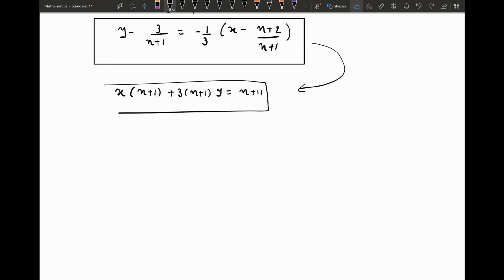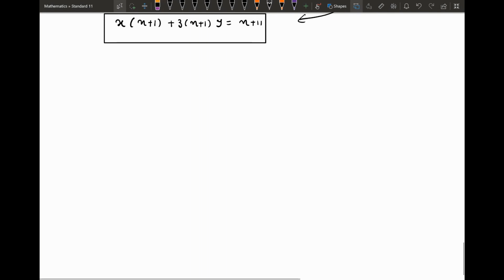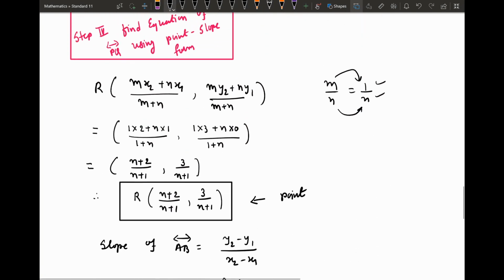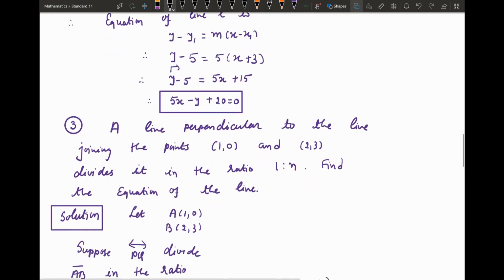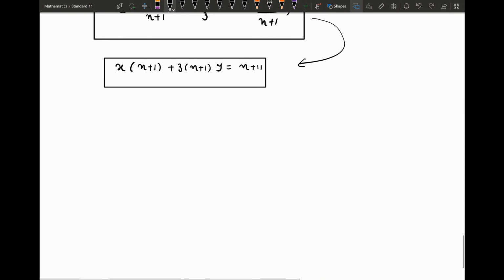Now another question is, find the equation of line... next example.